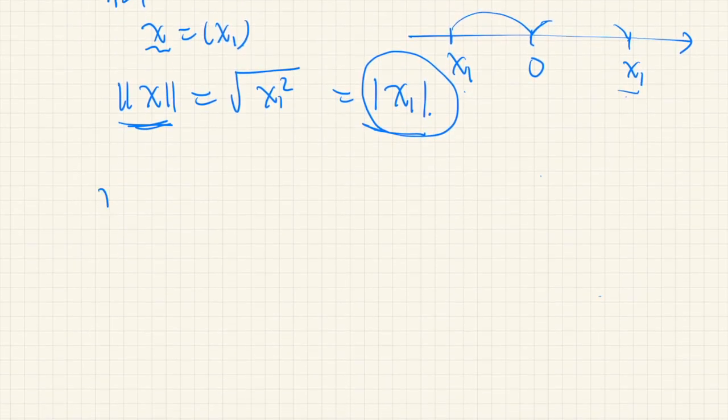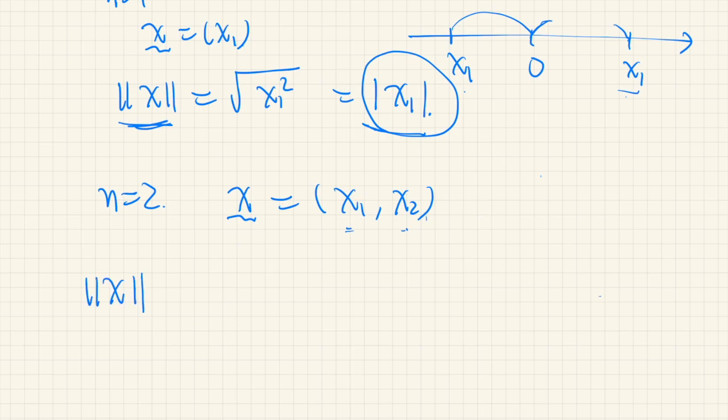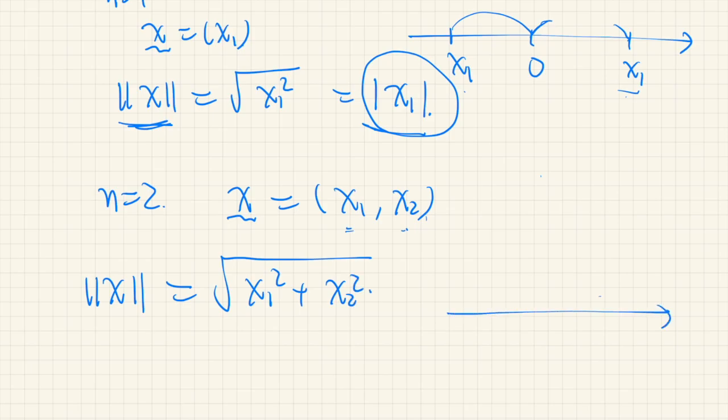And next, in the case of two dimensions, when n is equal to 2, a vector is something like x1 and x2. So it's made of two real numbers. In that case, the norm is the square root of x1 squared plus x2 squared. If we plot this on the plane, the source of the arrow is at the origin, and the target of the arrow is this point, x1 and x2.